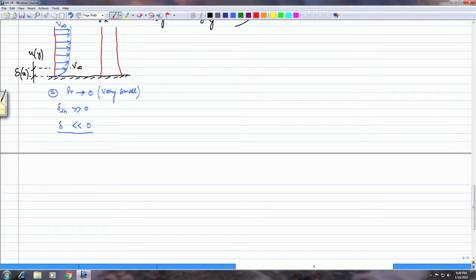Or even further, if I were to exaggerate this a little bit, let's say it is something like this. Let me exaggerate that a little bit. I'm not sure why I'm not getting straight lines here. I'm trying to draw them as best possible.